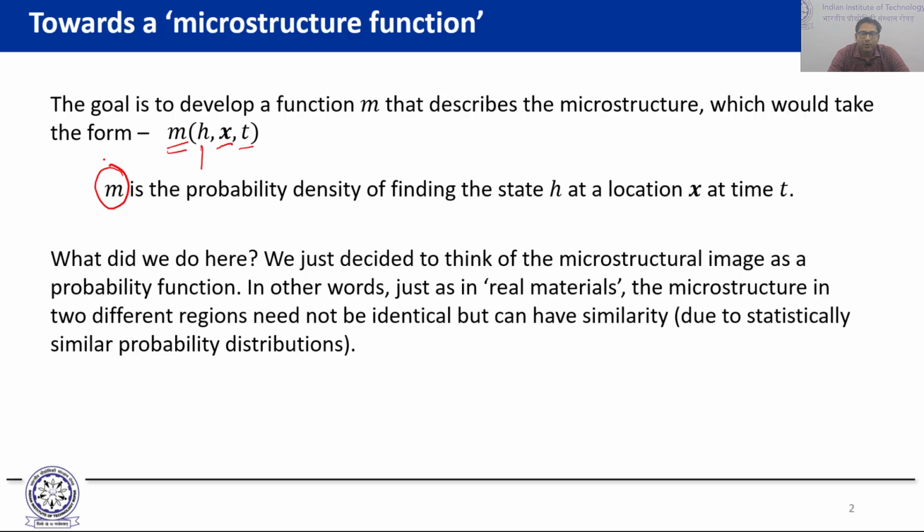In other words, what we are saying is, in case of real materials, the microstructure of two different regions don't have to be identical, but they can be similar. And this concept of similarity of two different regions of the microstructure arises due to the statistically similar probability distribution. If we are talking of microstructure function as a probability, then if you look at the microstructure function in two different parts of the material, statistically the distribution can be similar, but they don't have to be identical.